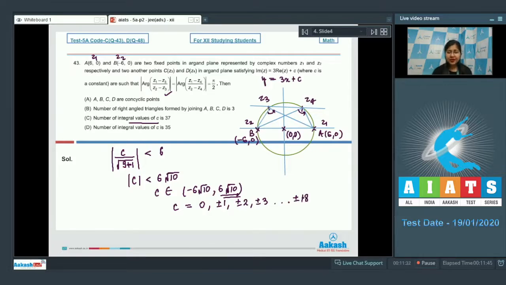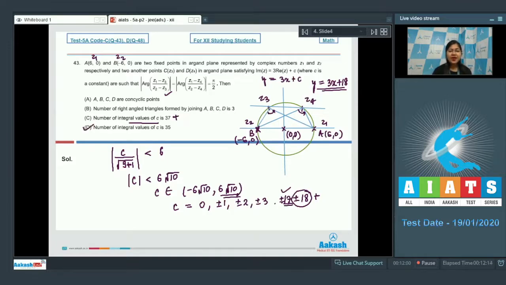But here we see that if we put c equal to 18, this line is y equal to 3x plus 18, which satisfies the point B. Then we will not have two distinct points Z3 and Z4. So plus minus 18 cannot be attained by c. So it will go up to plus minus 17 only. So the total number of values is 35. So option number D is correct and C is incorrect.